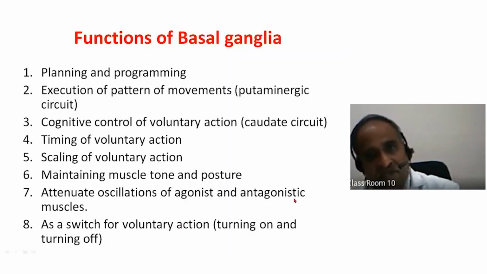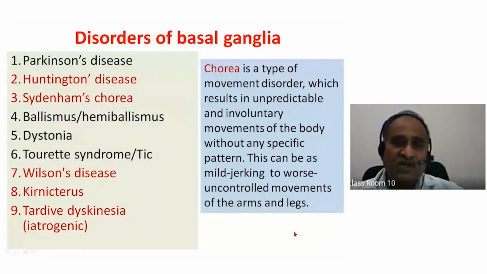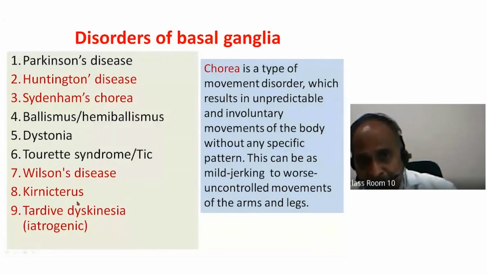With this brief picture of the functions, now let us see what are the disorders of the basal ganglia. Yesterday I mentioned them: Parkinson's disease, Huntington disease, Sydenham's chorea, hemiballismus, dystonia, Tourette syndrome or tic, Wilson's disease, that is hepatolenticular degeneration, kernicterus, that is a hyperbilirubinemic situation, and tardive dyskinesia, that is produced by the doctor, iatrogenic.